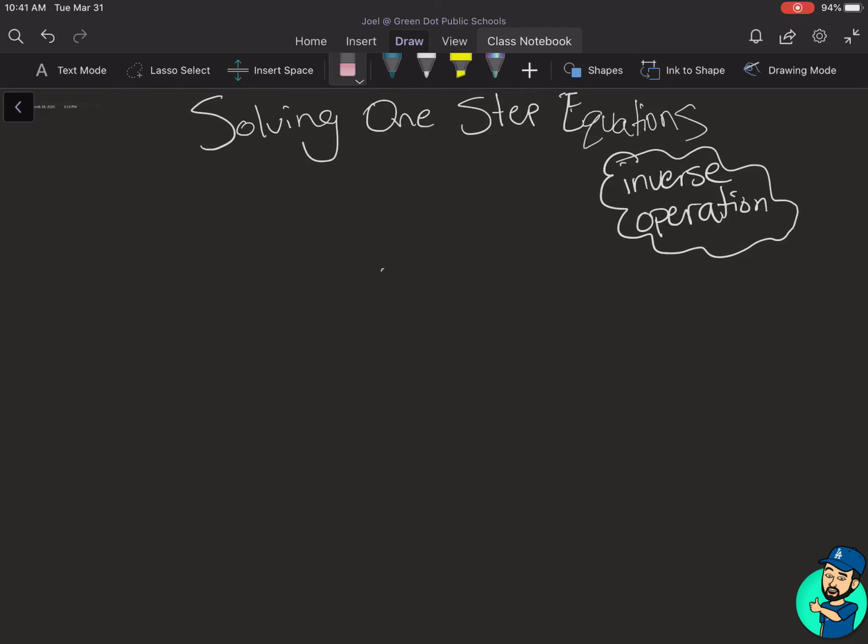Here's another example. What if we have something like this? 15 plus b equals 23. Now, we do have a plus sign right here. So now you're saying we need to subtract. Yes, but not because of that plus sign. Now look at this 15. Is that 15 positive or negative?